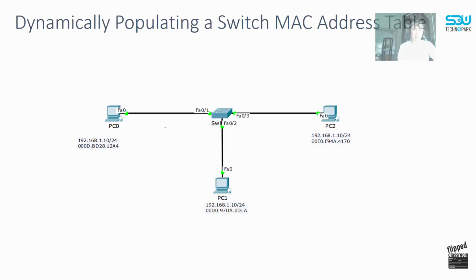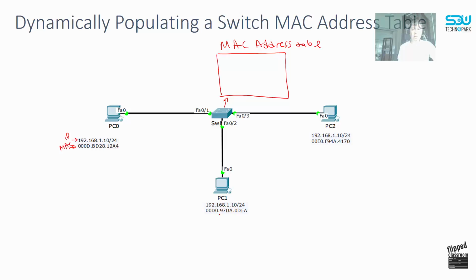It means that when you turn on the switch, the MAC address table is empty. So this is going to be the MAC address table. You just turned on your switch and there is no information about any of these devices. Here we can find the IP address and the MAC address of devices.